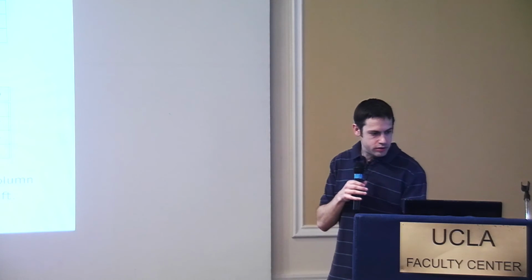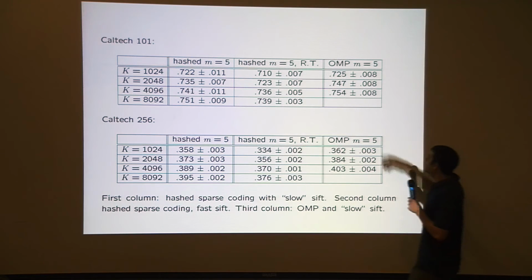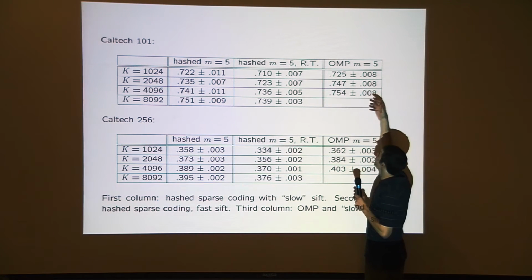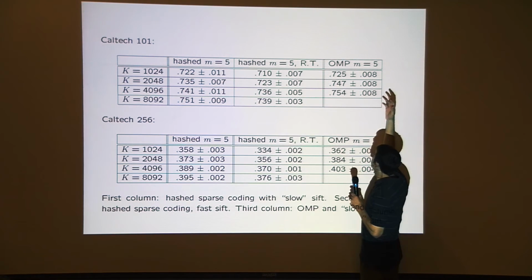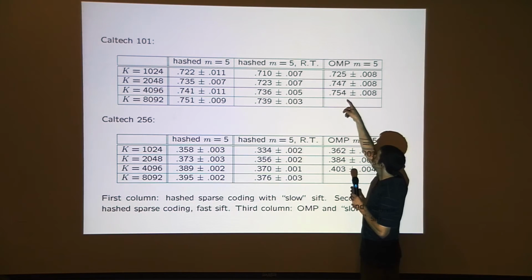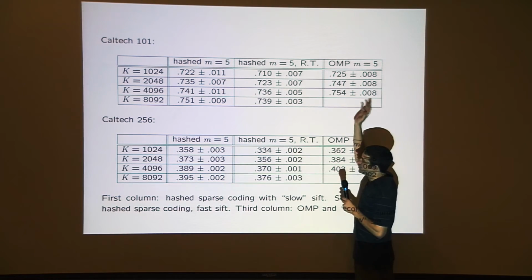So let me just show the tables. If you run full sparse coding with good, careful, slow SIFT features and a big dictionary, you get about 75%. This was near state of the art with single features a while back.